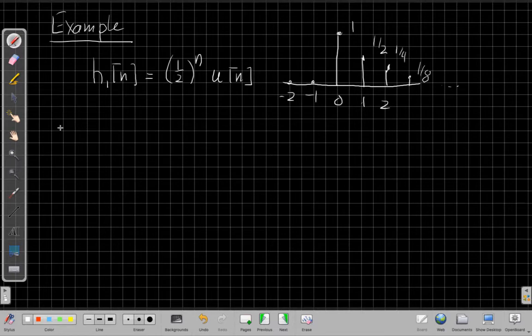And so what we need to figure out is the sum. We can do the sum over any variable, it can be over n or k. It's just a dummy variable, just like the loop variable of a for loop. So is the sum of the magnitude of the impulse response less than infinity?